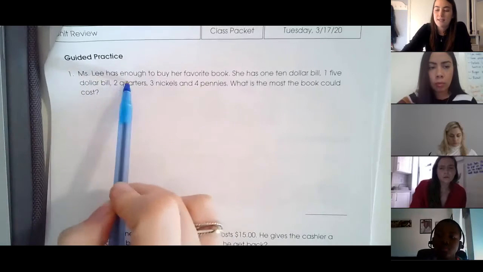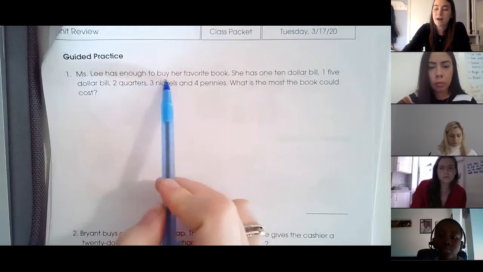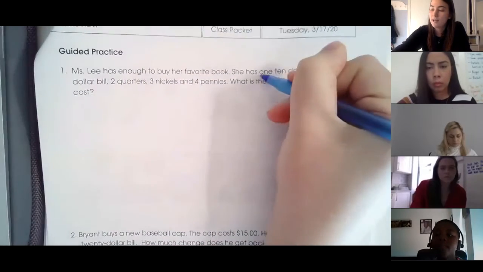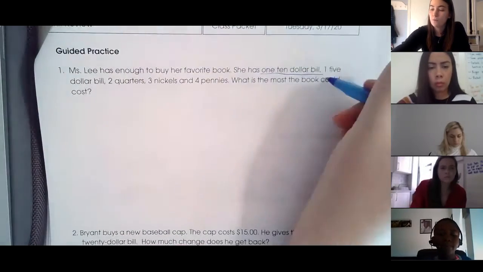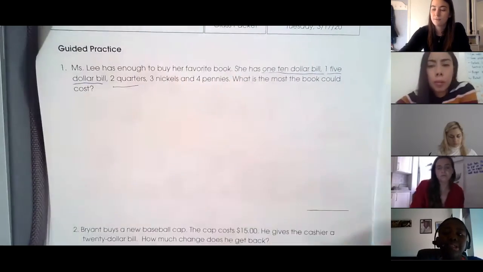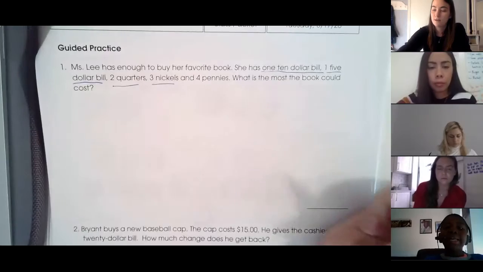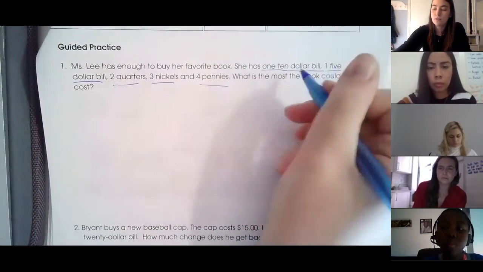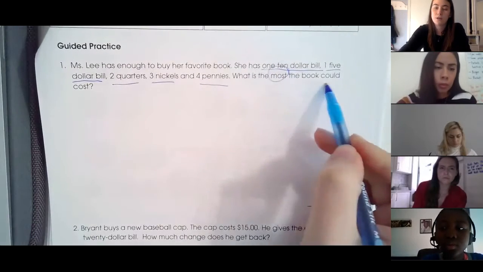Miss Lee has enough to buy her favorite book. She has one $10 bill, one $5 bill, 2 quarters, 3 nickels, 4 pennies. What is the most the book could cost?